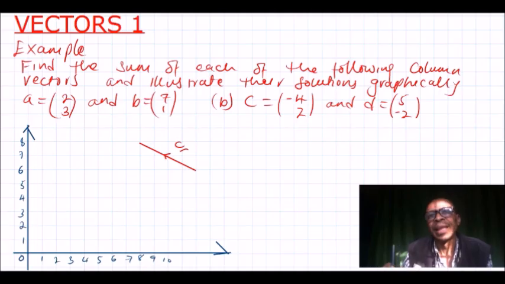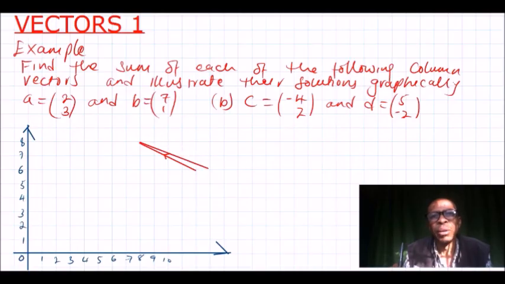Then D is (5, -2). So we can combine these two vectors, since we are told C plus D. Let's correct that and put it correctly. We say 1, 2, 3, 4, 5. That is the positive direction, and y is 1, 2.